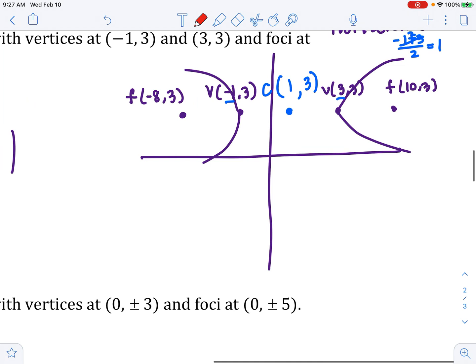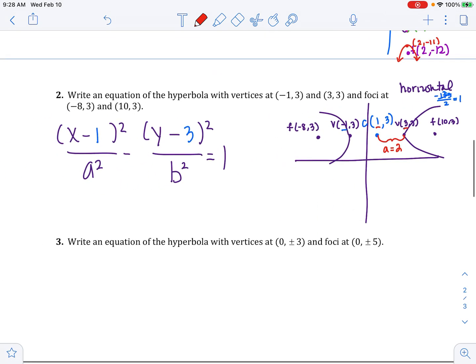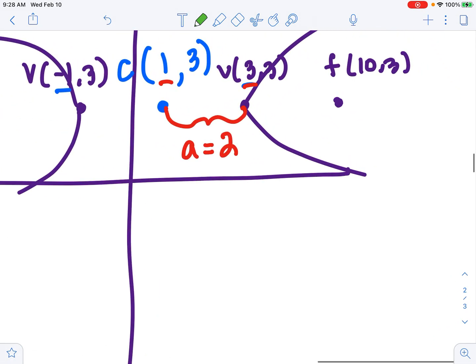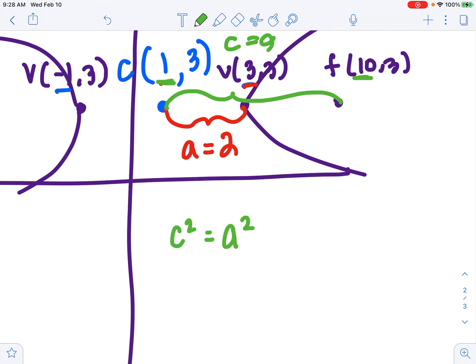All right, now I need a squared. A is the distance from that center you just got to a vertex. So center to a vertex, this is A. From 1 to 3 is 2. So a squared is 4. Now I need b squared, and I'm going to use c to help me get that. So c is the distance from the center to a focus. So c is from 1 to 10, which is 9.